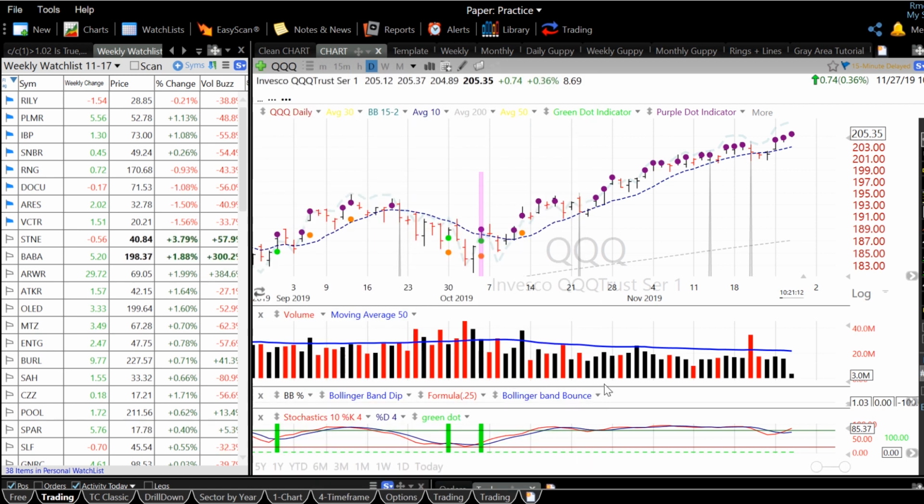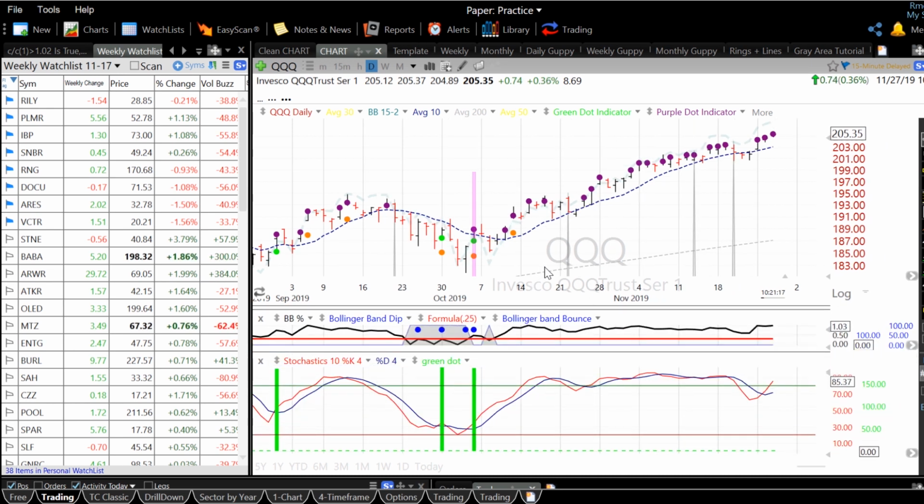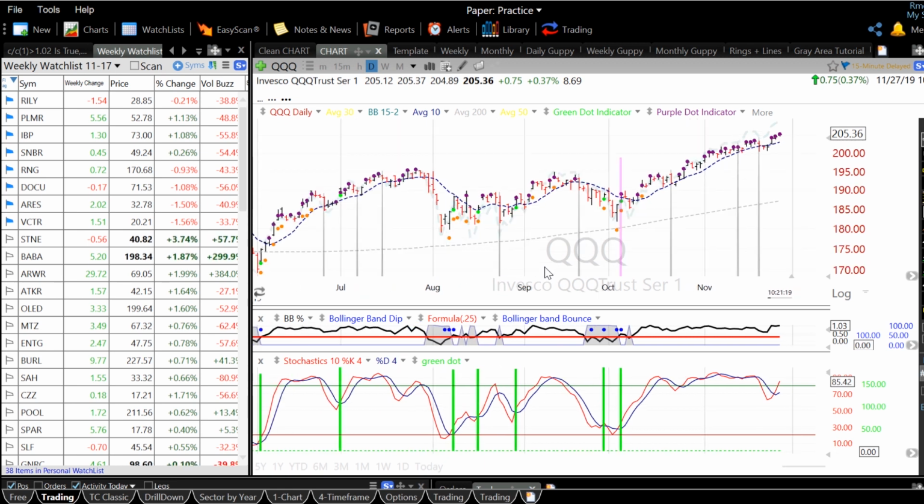So let's look at when this actually occurs. I think this is a great entry point and is a great thing to have on your screens. So looking at the chart for the QQQ, this occurs when the stock has decreased and become oversold and then starts moving up and confirms the move.